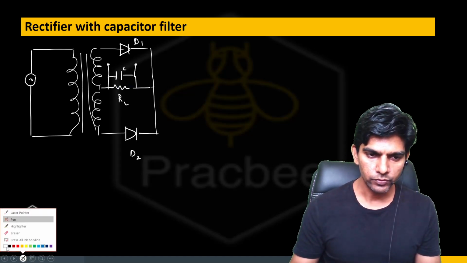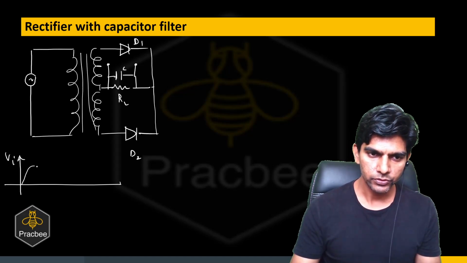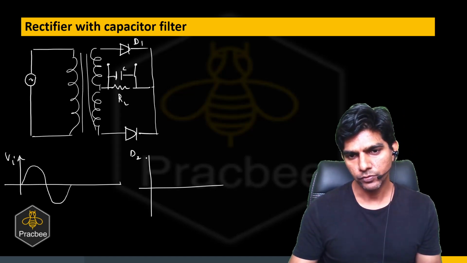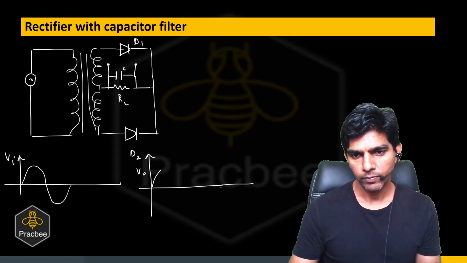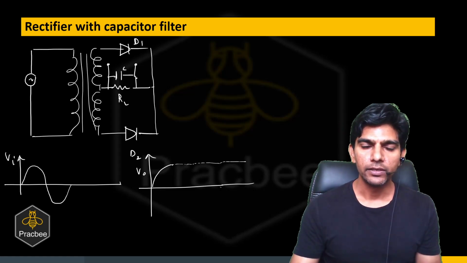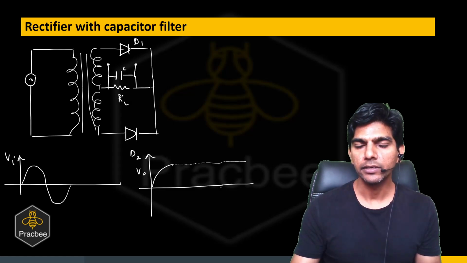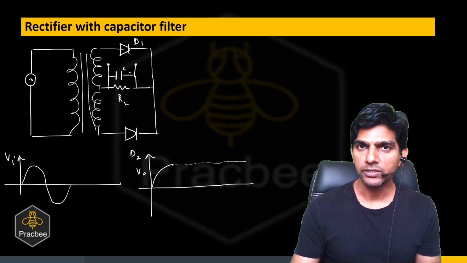So if the input voltage is sinusoidal like this, in this case the output voltage will increase, and then after that it will remain nearly constant. The reason for that is when there is no current, or when the current decreases, there will be a discharging of the capacitor.